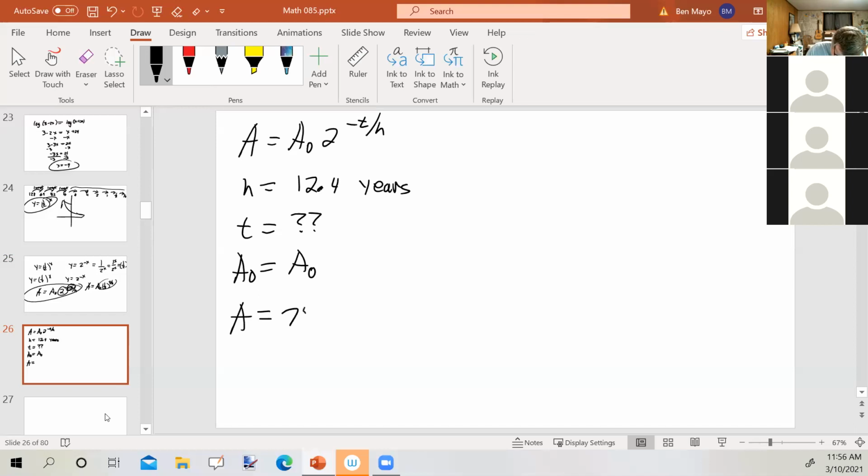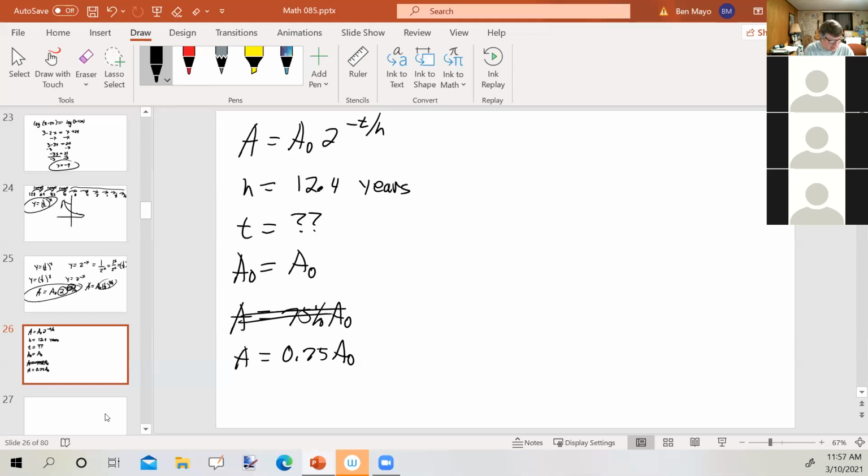Of the starting amount. So it would be 75% of A sub 0. If we change that into a decimal, it would look like this. So we'd say the ending amount is 0.75 times the beginning amount. Same thing as saying it's 75% of what we started with, because we lose 25%.